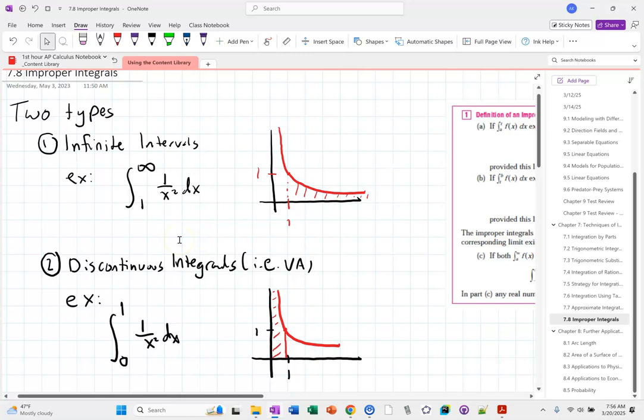But that's the idea of what we're going to be doing today, working on how to do these sorts of problems. Keep in mind, for some of these problems the answer is going to be infinity, but for some of them not. Some of them will converge to an actual real number, even though the figure appears to be infinitely long, but it might have a finite area.